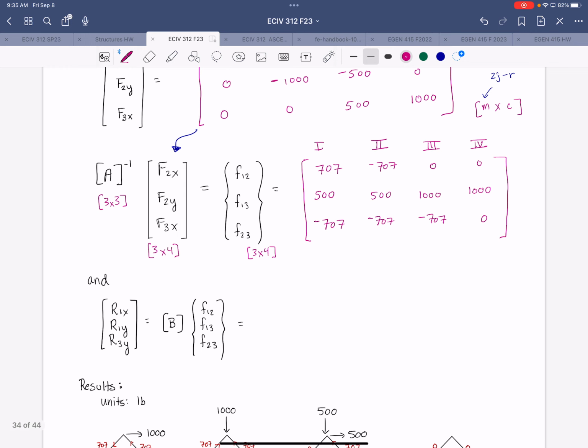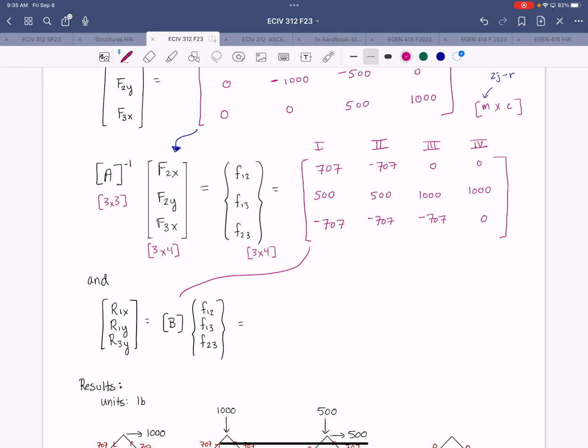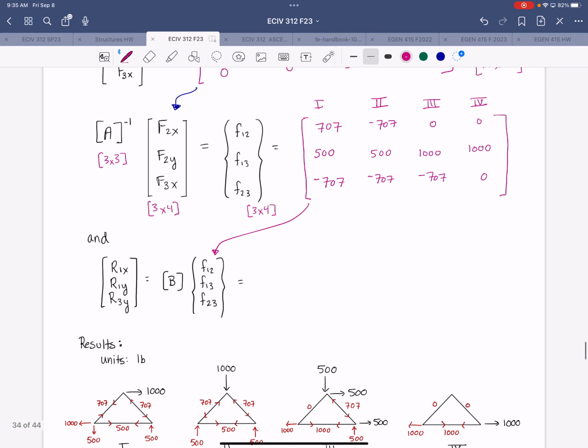Now that we know the internal forces, we take those and we plug them into our second partition equation.